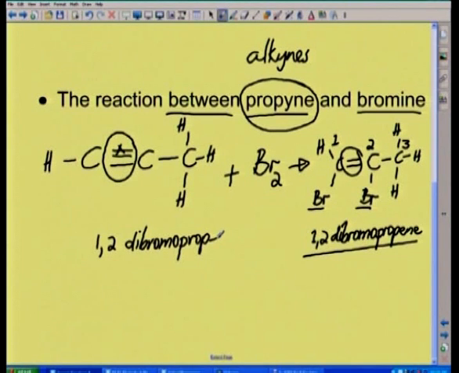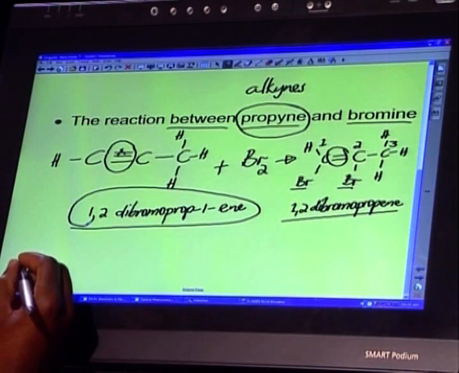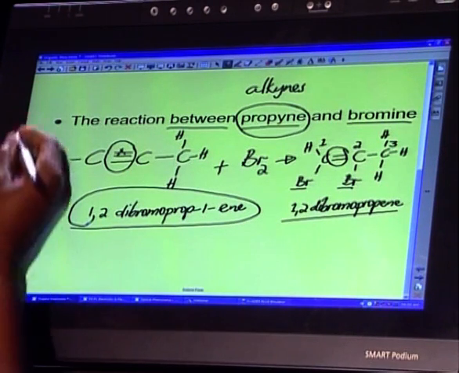Where is the double bond? On carbon number 1. So prop-1-ene. And that becomes a full name for the molecule that has been formed in this reaction here. Okay, now let's move on.